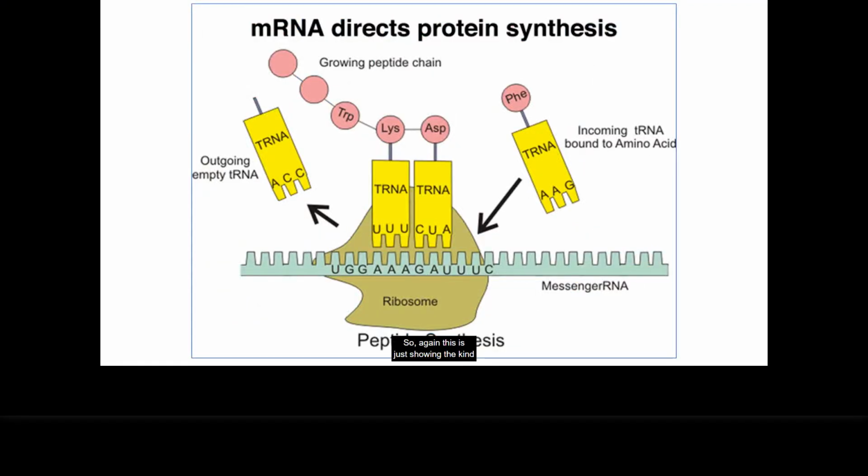So again, this shows a higher magnification of how the synthesis of the peptide or protein is made. This is the ribosome, and this is a messenger RNA here. These are different nucleotides, which look like teeth.